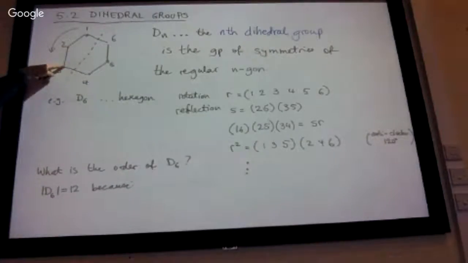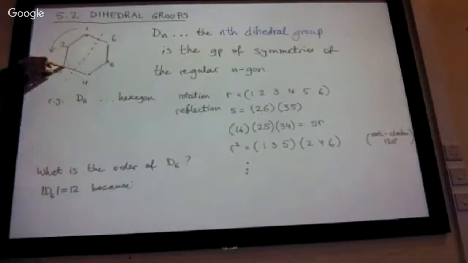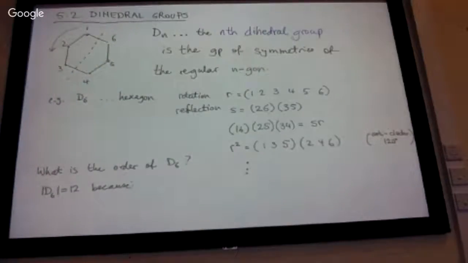So that's two possibilities for vertex 2. And then everything else is determined, because if you put 2 here, then you have to go 3, 4, 5, 6. And if you put 2 here, you have to go 3, 4, 5, 6. So mapping 1 to any of the 6 vertices, and mapping 2 to one of the 2 neighbors completely determines the whole mapping. So that's why it's 12 for me.